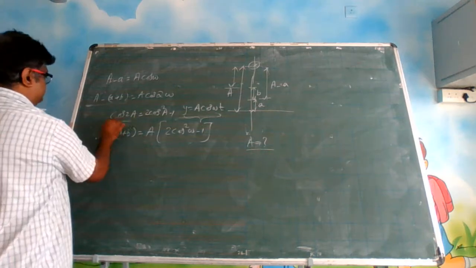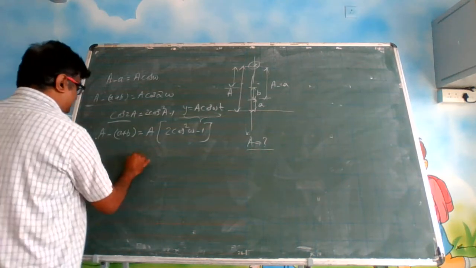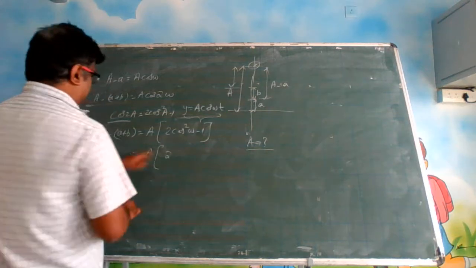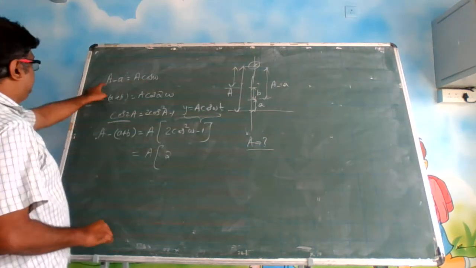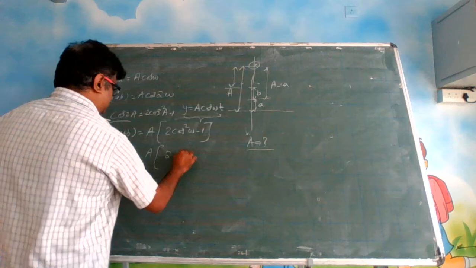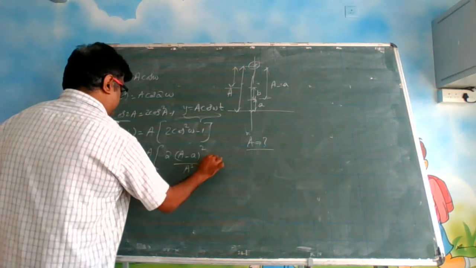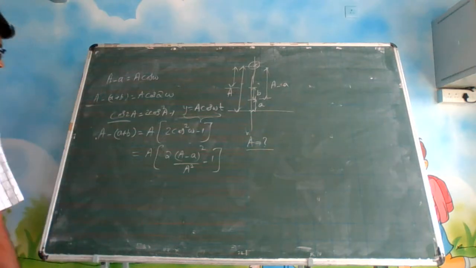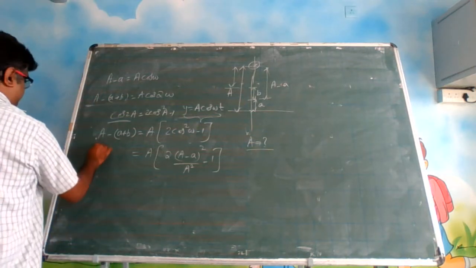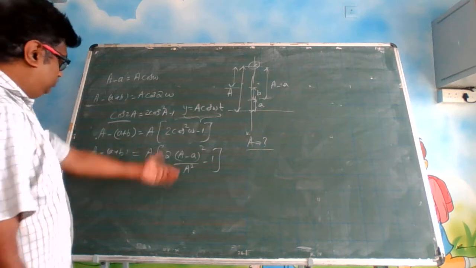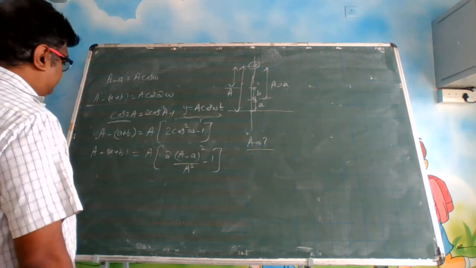Using this, so this can be written as A into 2 cos square omega, from here A minus a by A, so it is A minus a whole square by A square minus 1. Am I right now? Okay. Now this is equal to A minus a plus b. So using this expression we need to calculate the value of A.